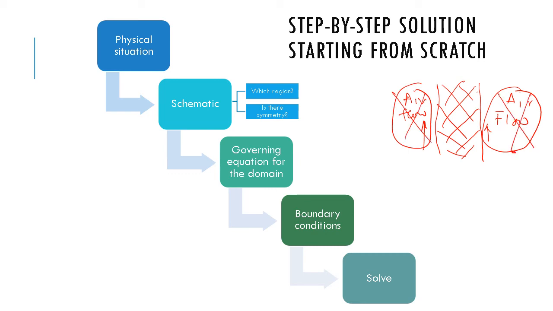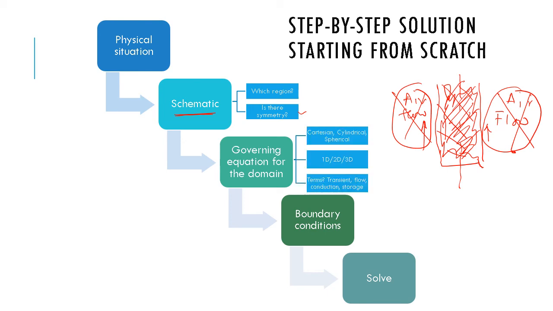So when you develop a schematic, you make sure that you are only including the region or the domain that is of your interest. And it is always nice to see if there is symmetry. That usually makes life easier.